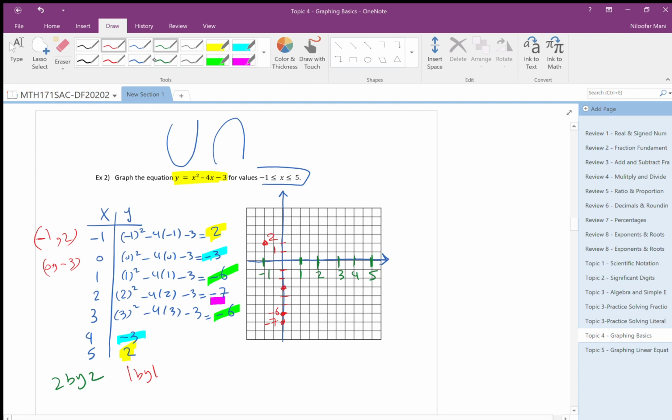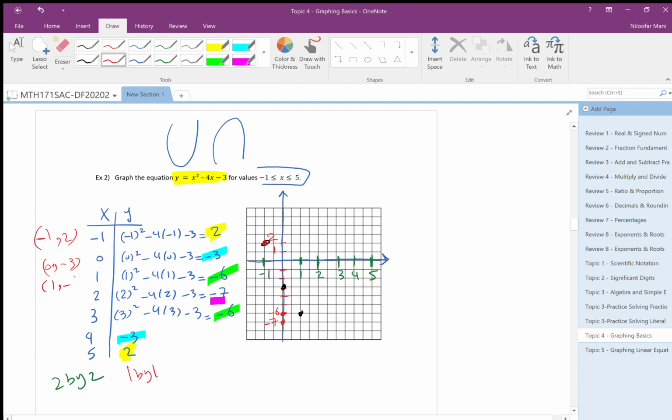Maybe here I change the color to black. The next one is 1 and minus 6, so 1 is here and minus 6 is here. Maybe I keep the color the same.